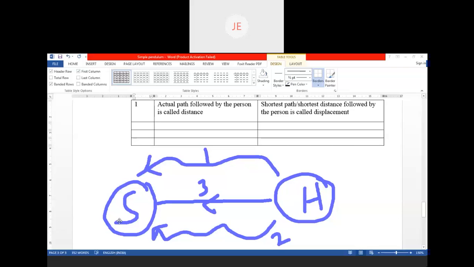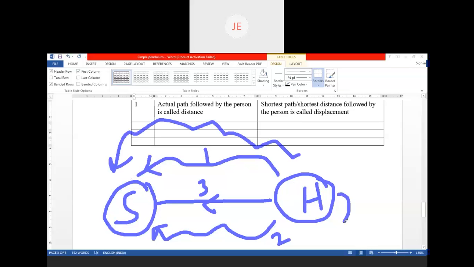Okay, this one and two paths are the actual paths followed by the person. So these are called distances. Not only this, if you take like this also, there is no specific direction we say for distance.